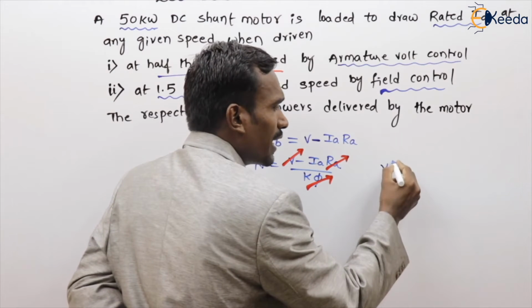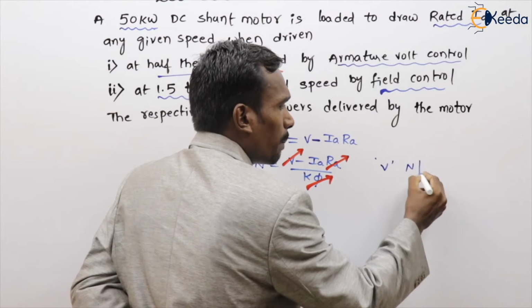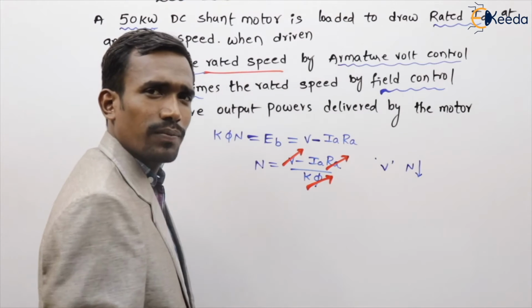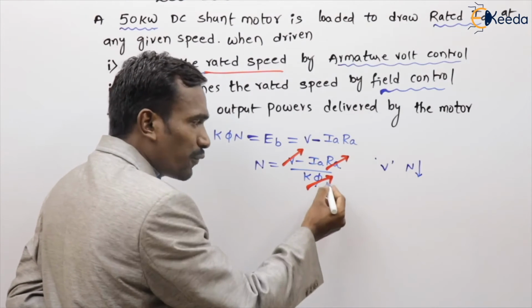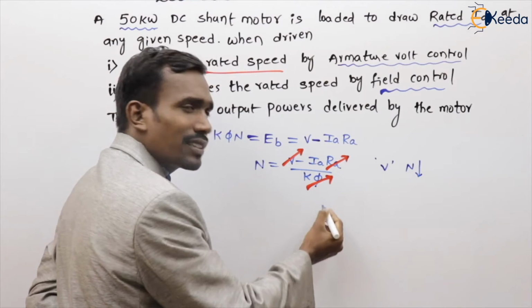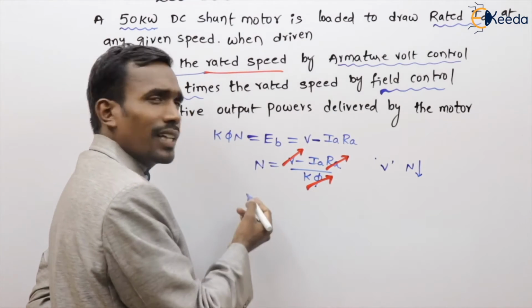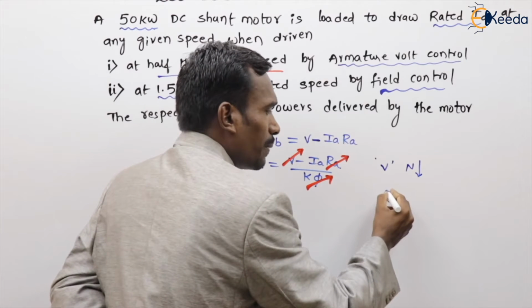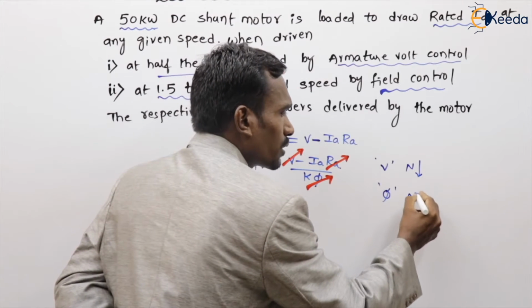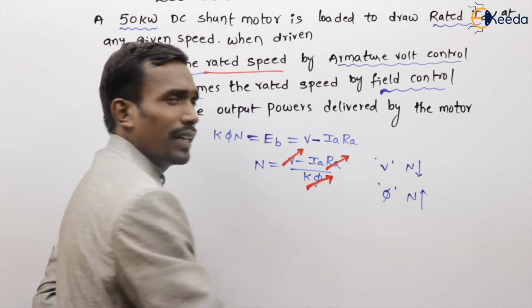So, the voltage control method is used for below rated speeds. And when flux decreases, the speed increases. Nothing but the flux control method is used for above rated speeds.